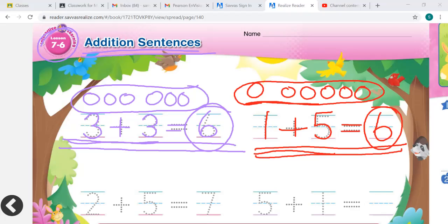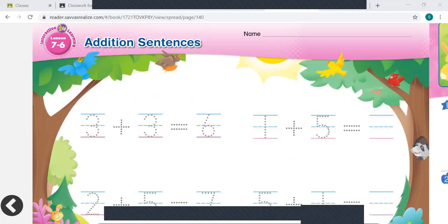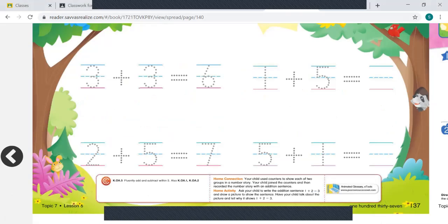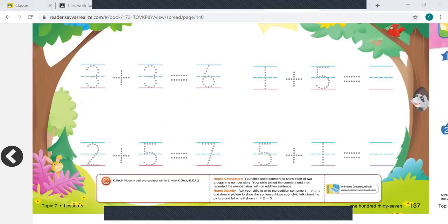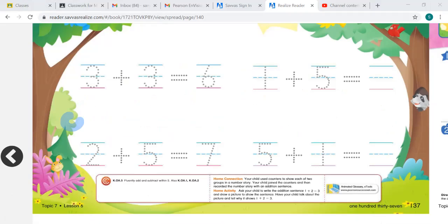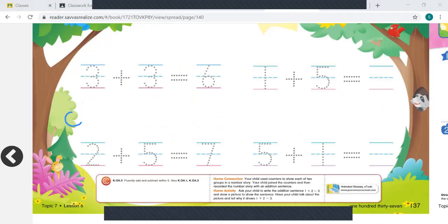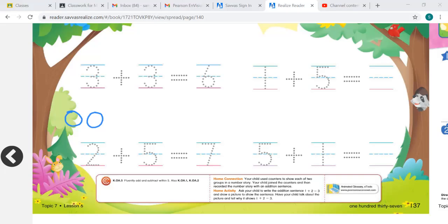I'm going to clear this so I can move the paper up. All right, let's look at our next problem. Let's say we have 2 bunnies and they're just playing.